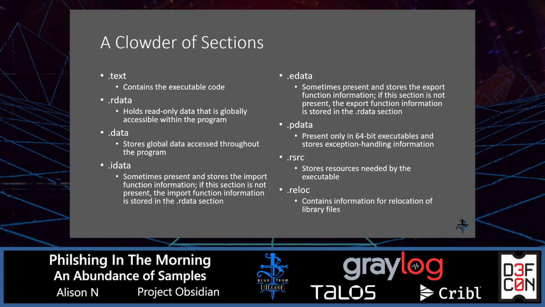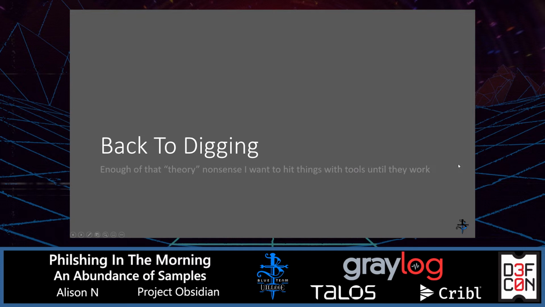Going over to .pdata, that's present in the 64-bit executables and stores exception handling info. .rsrc stores resources needed by the executable, and .reloc contains information for the relocation of library files that the executable may be calling. So now that we've gone over that little bit of a walkthrough, we're going to start putting that to work when we're using some tools available in REMnux to dig deep and see what we have going on here.